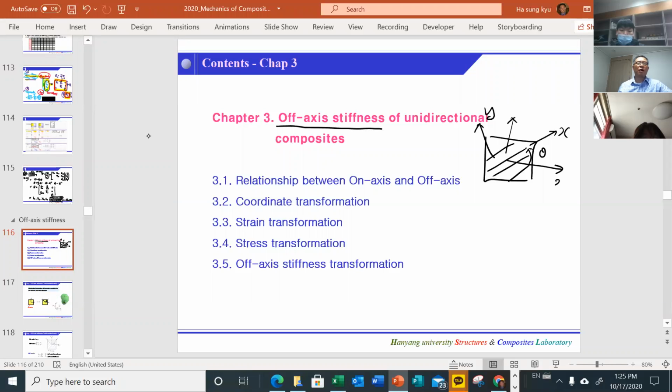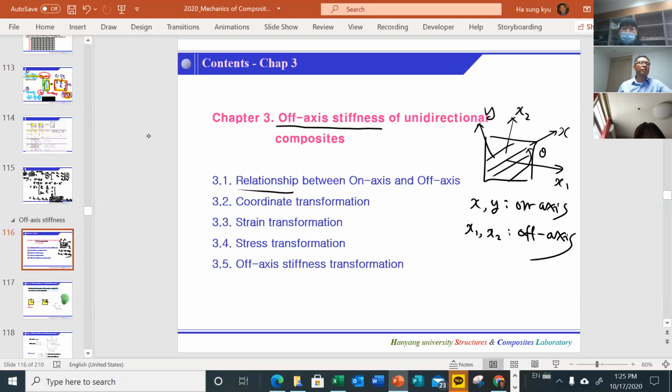I will call the reference direction x1 and x2. So xy is the on axis, and x1 and x2 are for off axis.